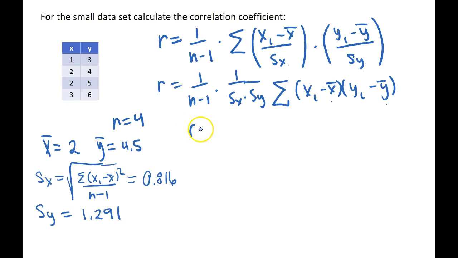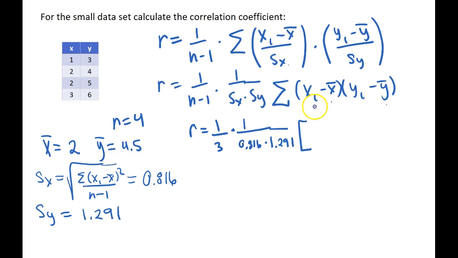So R is equal to 1 over 4 minus 1, which is equal to 3, times the standard deviation of x, which is 0.816, times the standard deviation of y, 1.291. And we need to multiply this by each expression minus its mean times its paired value minus the mean of the pairs.